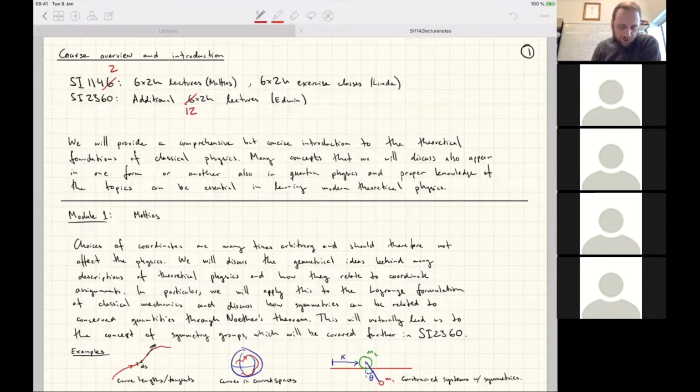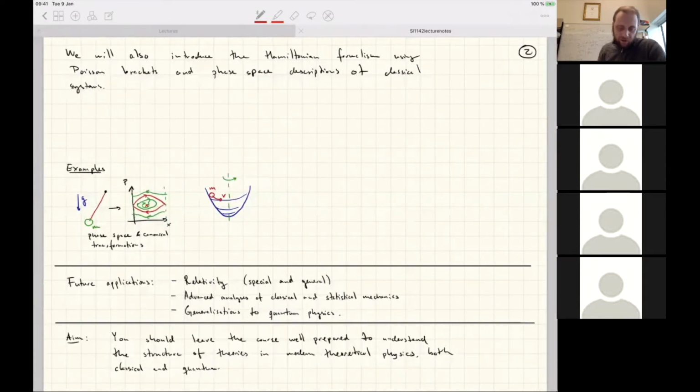The first module, which is also SI 1146, is about how we can introduce coordinate systems, how we can use arbitrary coordinate systems, and also how we can use them to describe more general spaces than Euclidean space. For example, curved spaces as the sphere you see down here. And also we're going to apply this to the Lagrange formalism for classical mechanics.